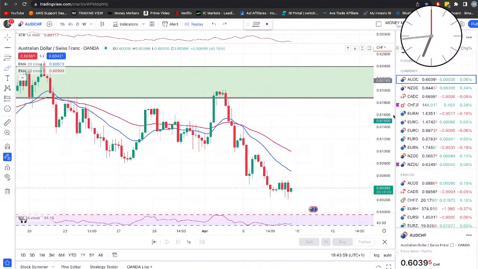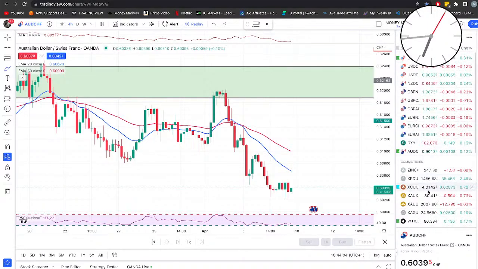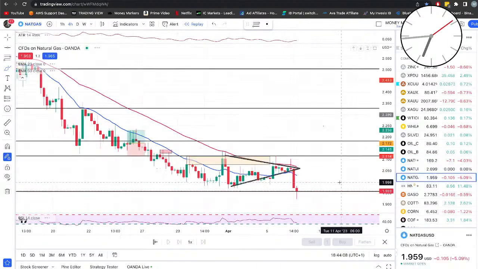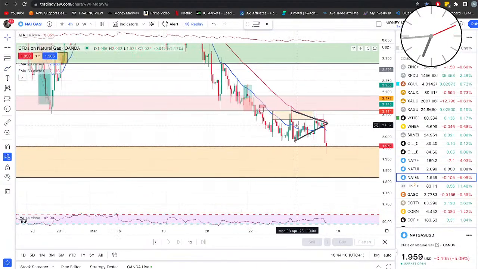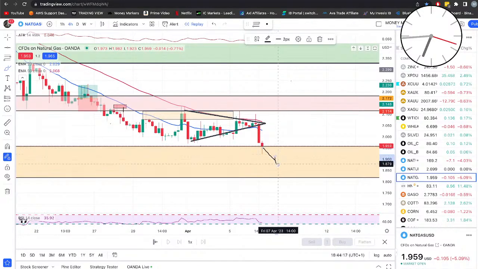Hi Robin, so for natural gas I've already told you that it's in the support zone, and this whole zone is a support area. So I'm just looking for the buy condition from here, something like bullish engulfers. So wait for that. Once we have a condition, we're going to go long.